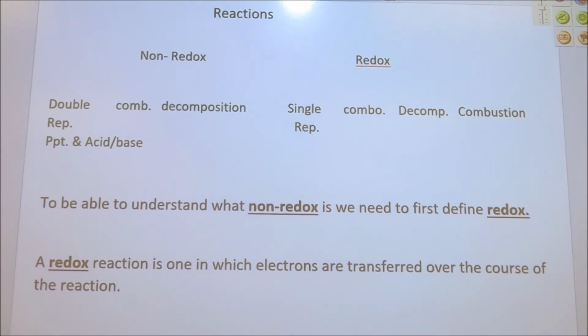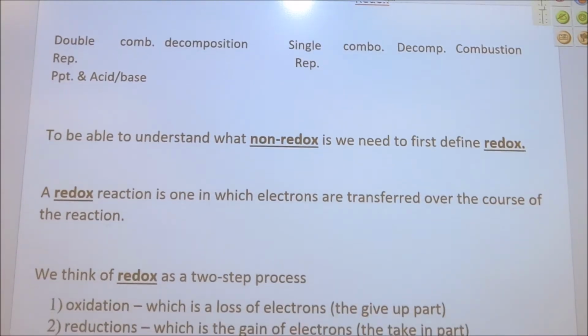Double replacement reactions can be further broken down into precipitation reactions or acid-base reactions. Redox reactions can be broken down into single replacement reactions, combination reactions, decomposition reactions, or combustion reactions. To be able to understand what a non-redox reaction is, of course, we first need to define what a redox reaction is.